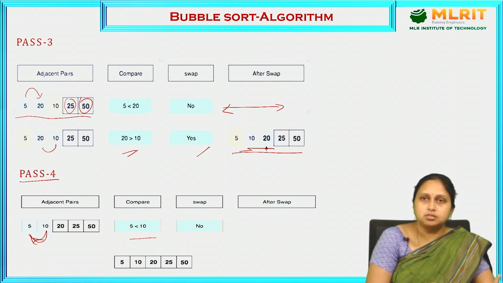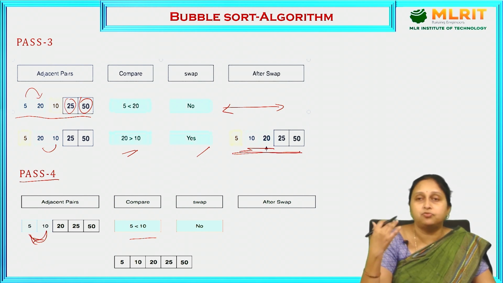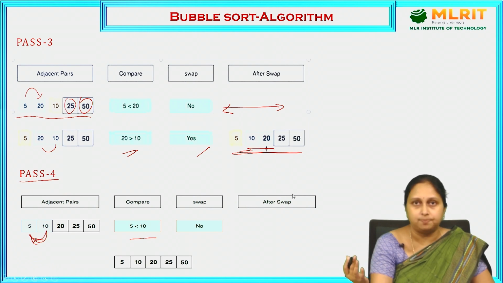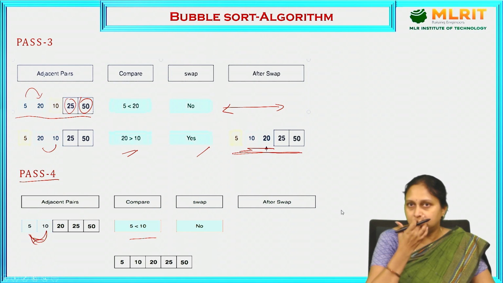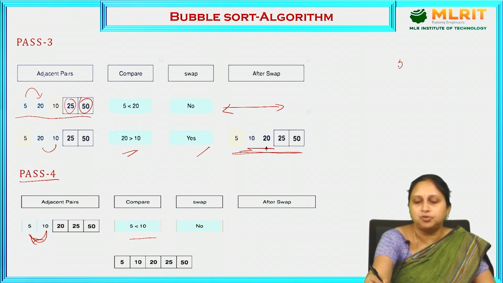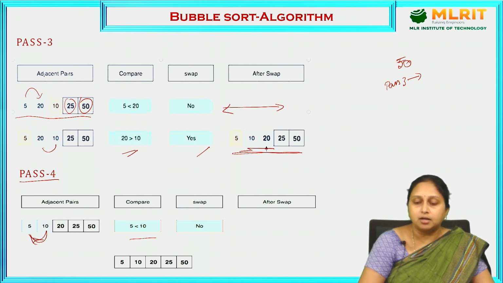This is because here we have seen only 5 elements. If it is larger data, in that particular case what happens? Suppose I have some 50 elements. In that case, at pass 3 itself, I may get all the elements in the sorted order, but this bubble sort will not stop.